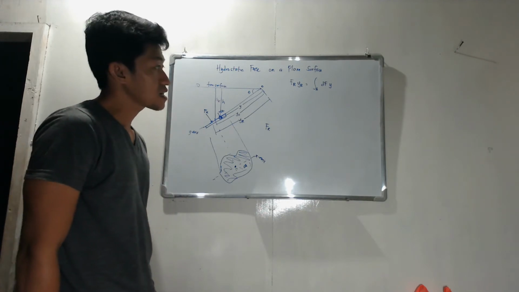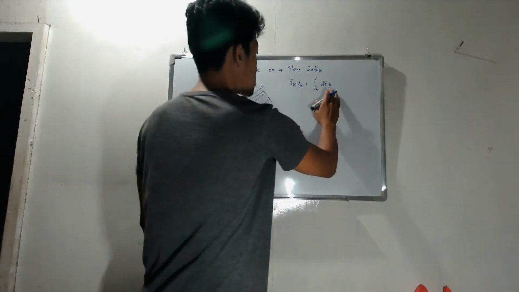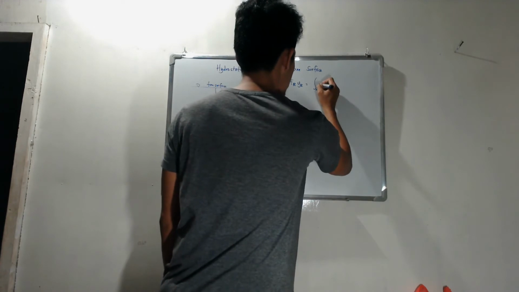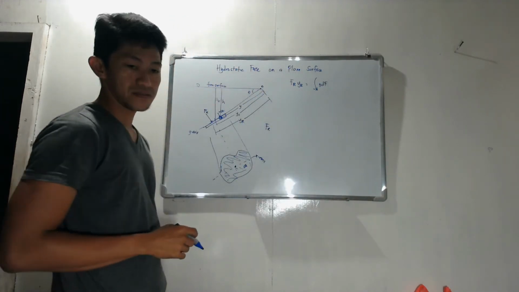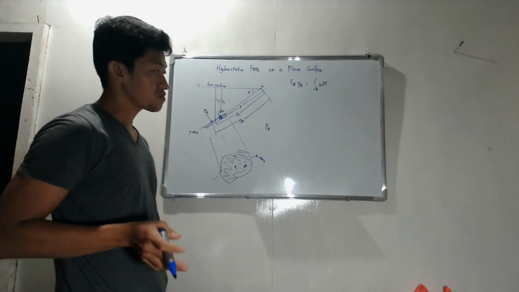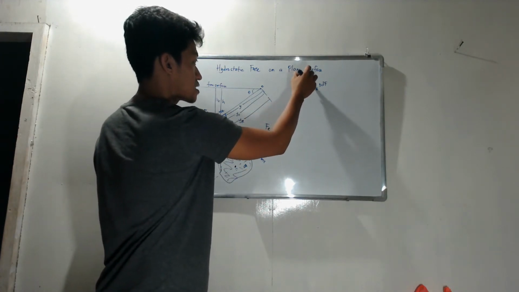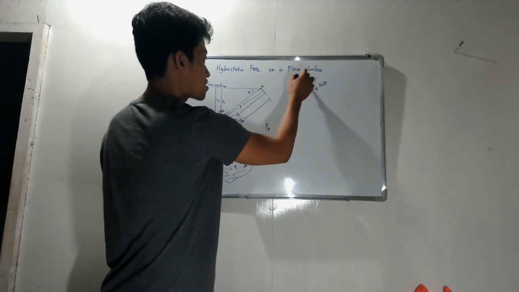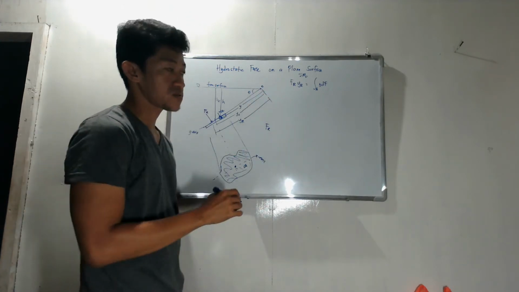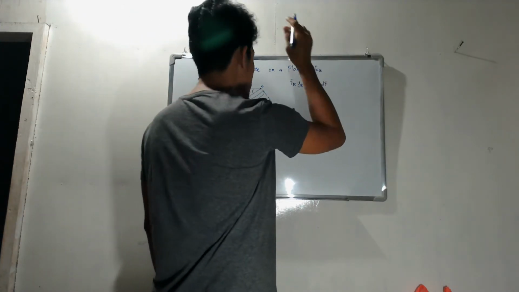Okay, df times y, or y df. I hope you understand. This is the summation of moments about point O is equal to 0.